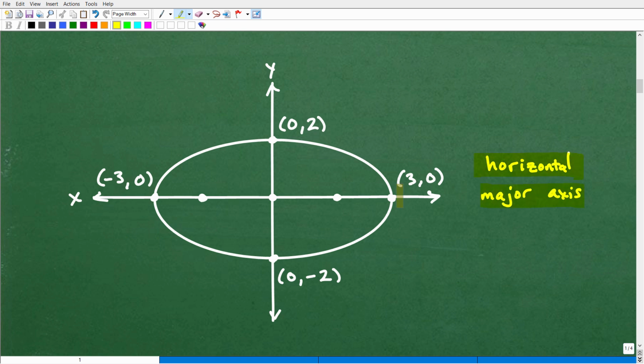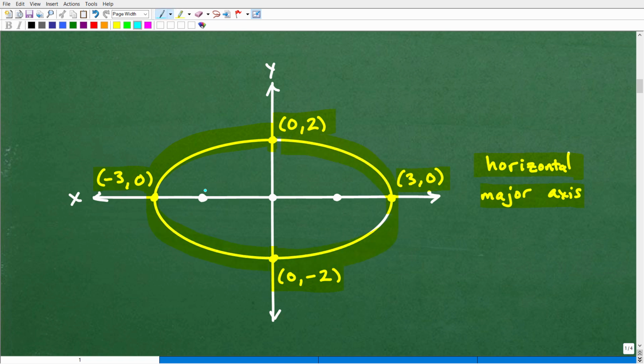The vertices are always going to be on the major axis. In this case, this is a horizontally oriented ellipse. So here's one vertex, 3, 0. Here's another one, negative 3, 0. And then our co-vertices are going to be on the other axis, which is the minor axis, 0, 2 and 0, negative 2. And then we can just sketch an ellipse like so.